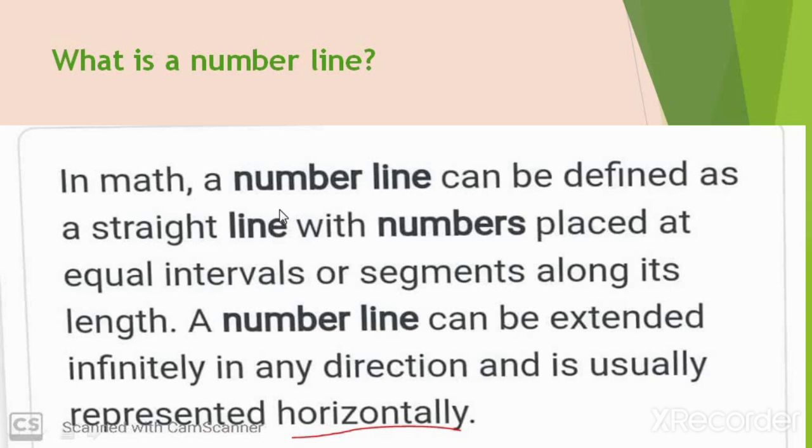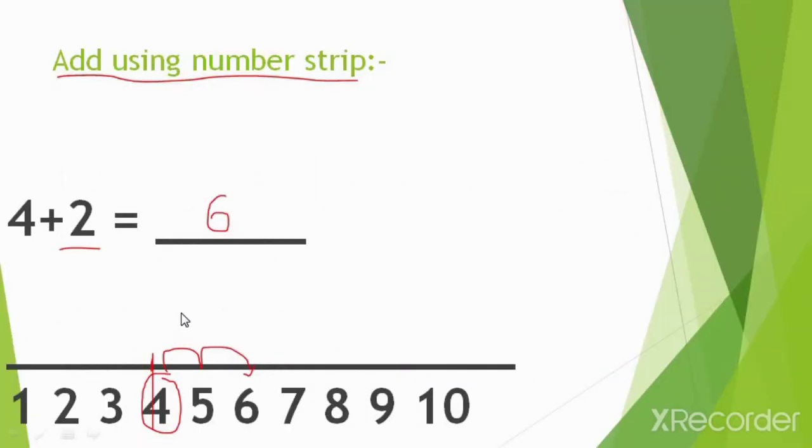We also learned what a number line or number strip is. A number line can be defined as a straight line with numbers placed at equal intervals or segments along its length. A number line can be extended infinitely in any direction and is usually represented horizontally. Okay? Then we have practiced adding using a number strip.